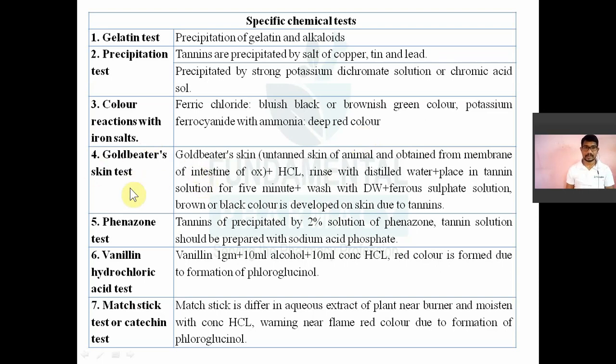Gold beater skin, the skin of ox intestine, gives brown or black color. That is why tannins are used for tanning skin in the leather industry. Pinazone test, vanillin hydrochloric acid test, and matchstick test are the important tests for identification of tannins.